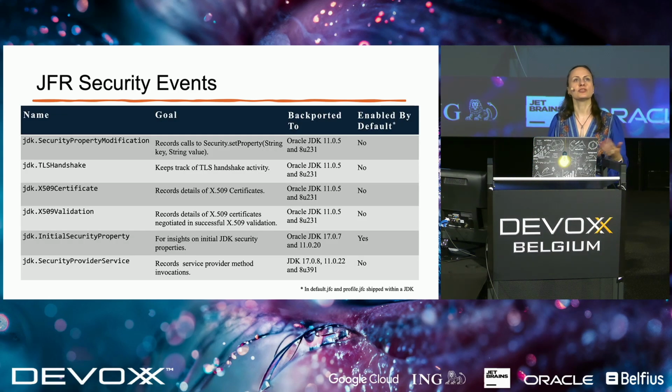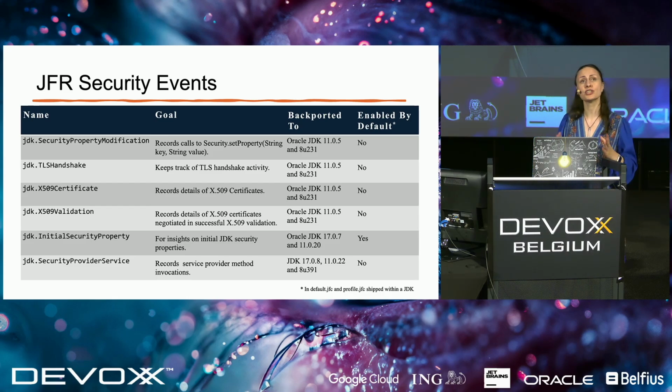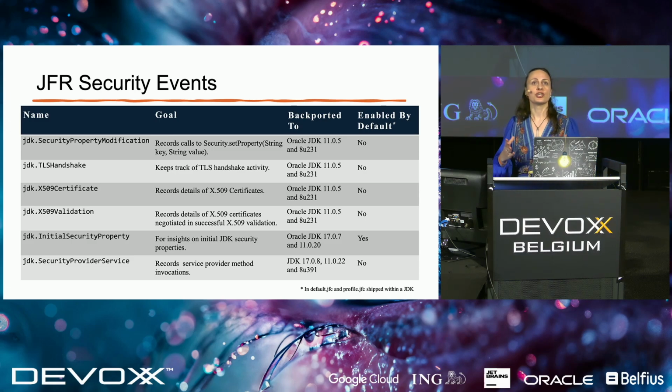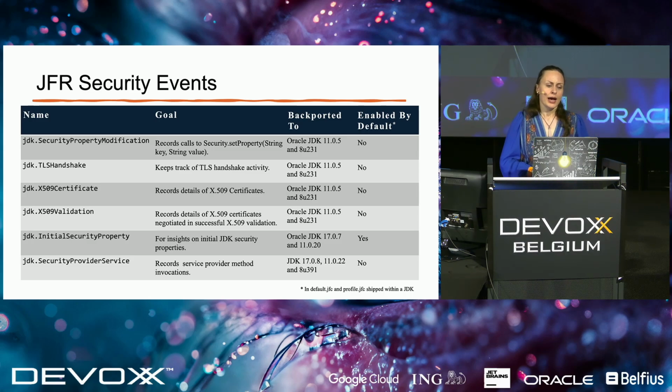Specific to security, there are a few events. There are 6 events, and what you see here in the table is in the order that they were introduced in the JDK. Starting with JDK 12, there are 4 JFR security events that are disabled by default in the shipped configurations for JFR, the default.jfc and profile.jfc that you can probably see in your JDK locally and remotely.